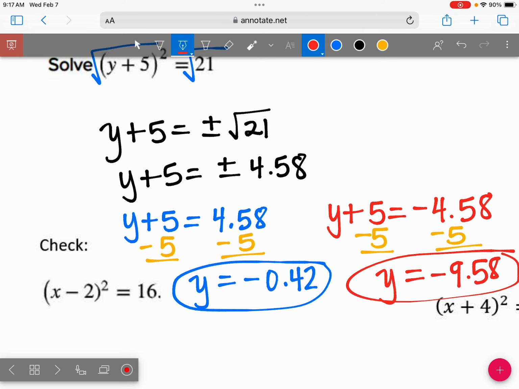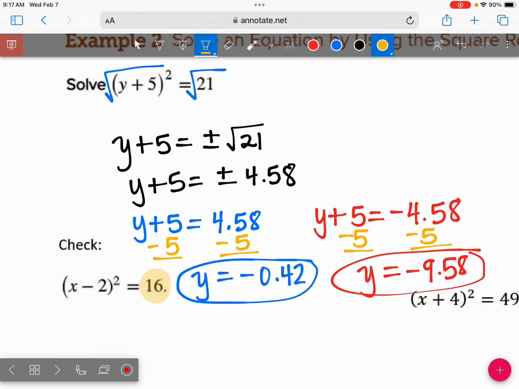All right, I want you to try to do the next two by yourself. Now, these two should be a lot easier because 16 is a perfect square and 49 is a perfect square. So you won't have decimals. So take a minute and try to answer both of those questions.